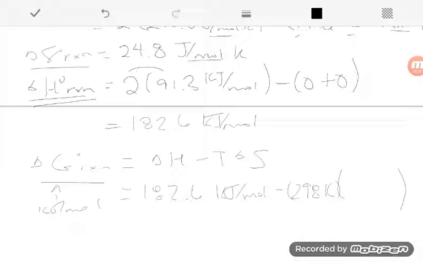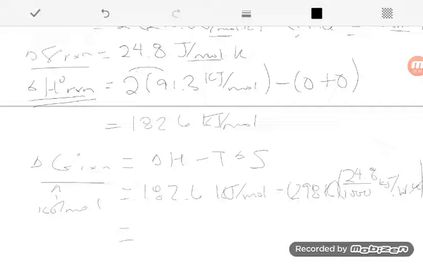Really easy, just like you multiply by 1,000 to turn kilojoules into joules, we divide by 1,000 to turn joules into kilojoules. So I'm just going to do 24.8 over 1,000, and now that'll give me kilojoules per mole times Kelvin. So my Kelvins will cancel and just leave me with kilojoules per mole on both sides.